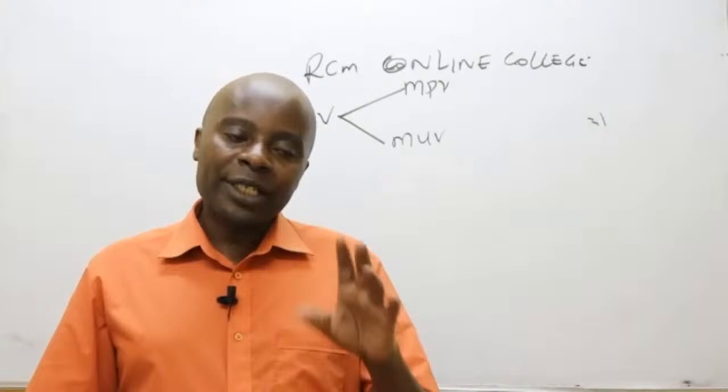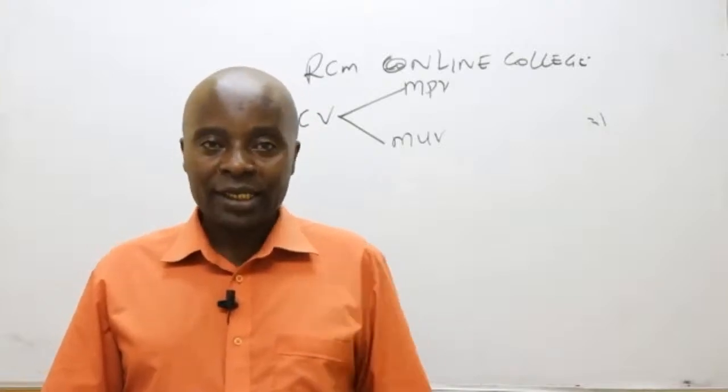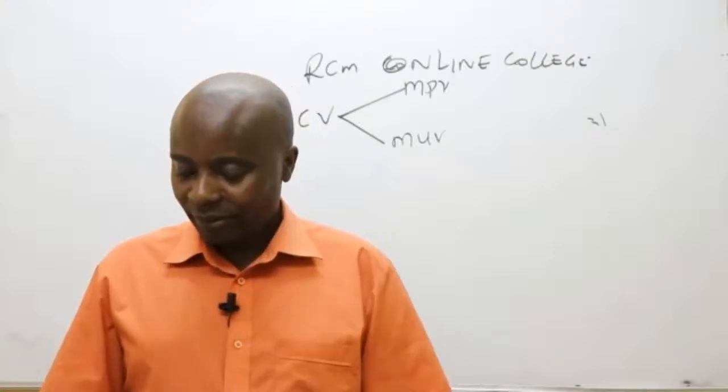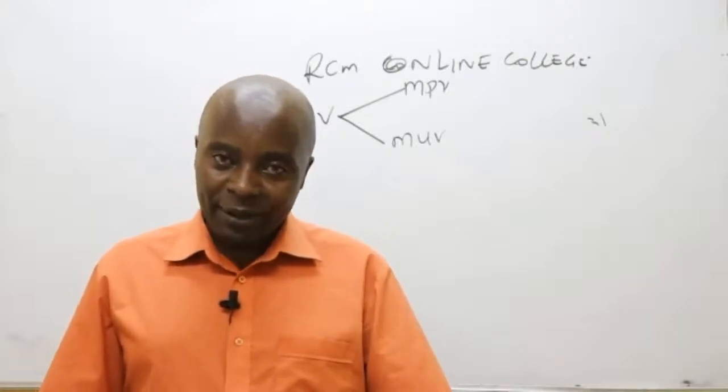And please, if you're not a CPA Section 5 student, don't write, because this ball has been thrown to the rightful owners. Section 2 people will be coming back to you.